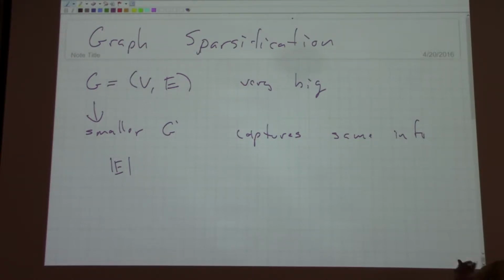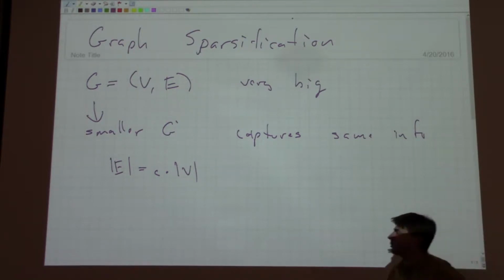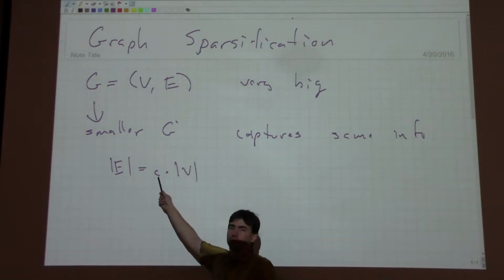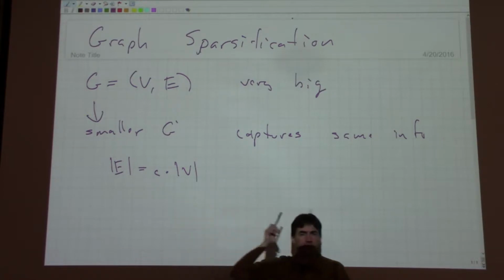There are more realistic models based on preferential attachment and other properties. Another thought is that as these graphs grew, there would be some constant such that the number of edges would be roughly, maybe, 20 times the number of vertices.